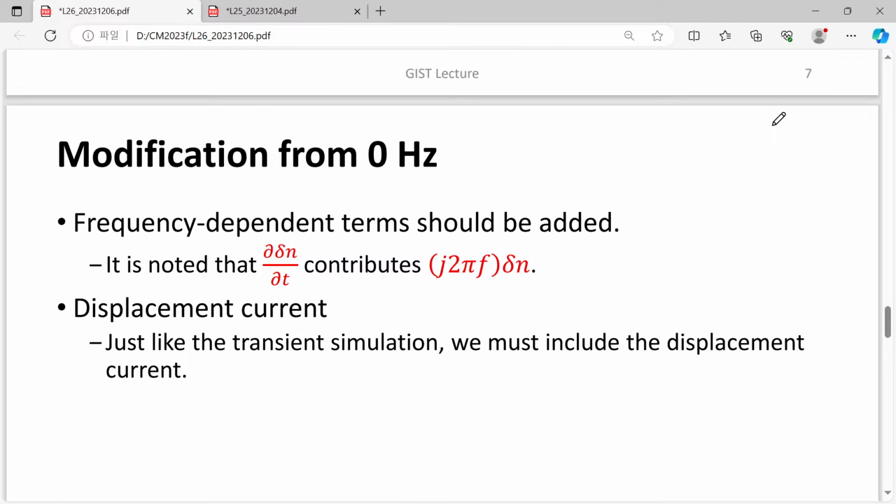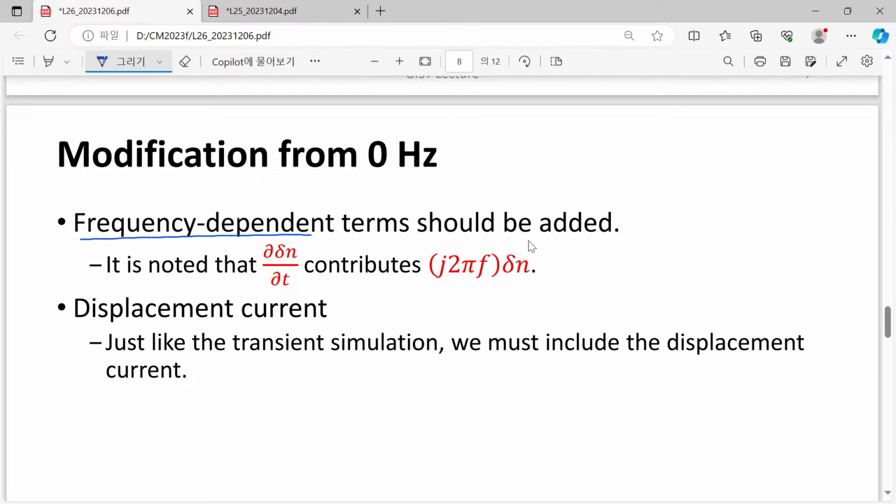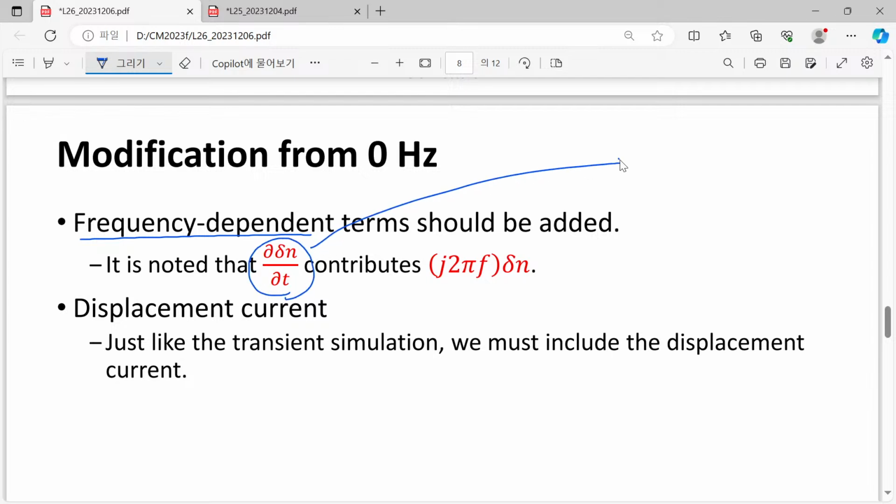The modification from the 0 Hz case is quite simple, amazingly simple. Because most of the calculation has already been done in the DC calculation, and frequency dependent terms should be added. For example, here we have terms like the partial derivative of delta n.